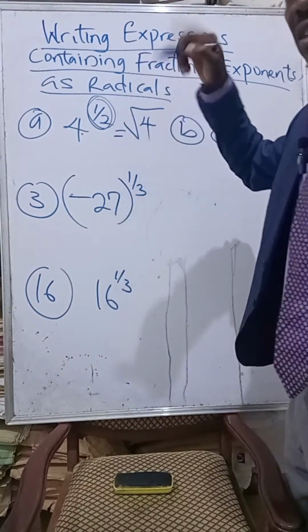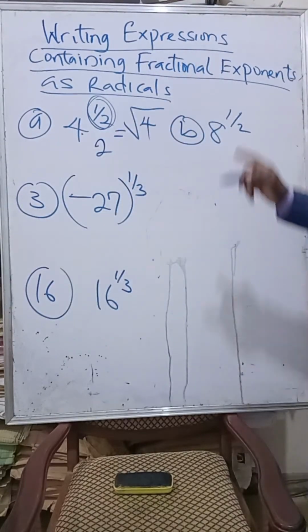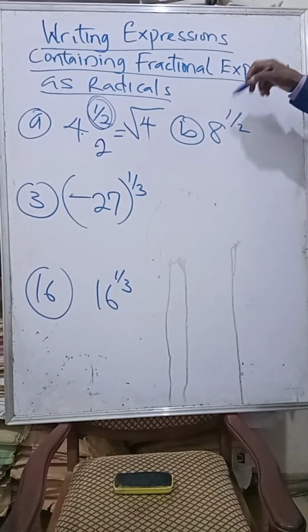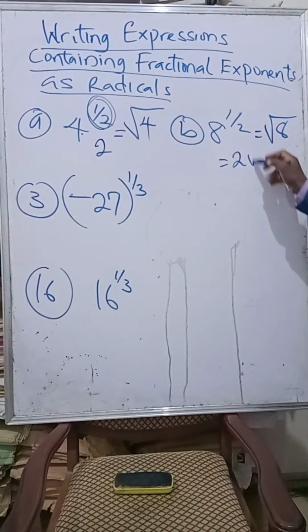So 1/2 is the square root, and that will give us 2. Same thing also here. The power is half, which is 1/2. It's also square root of 8. And that will be 2√2.